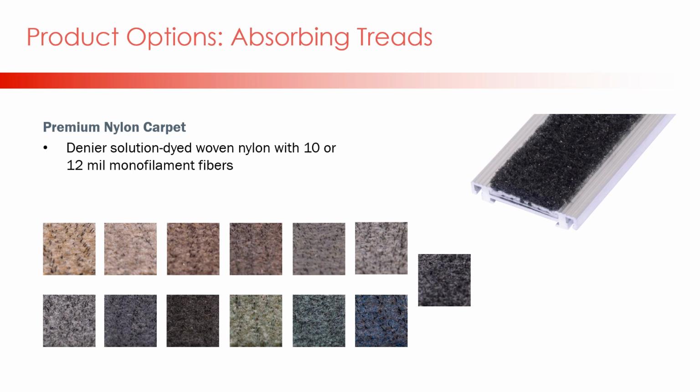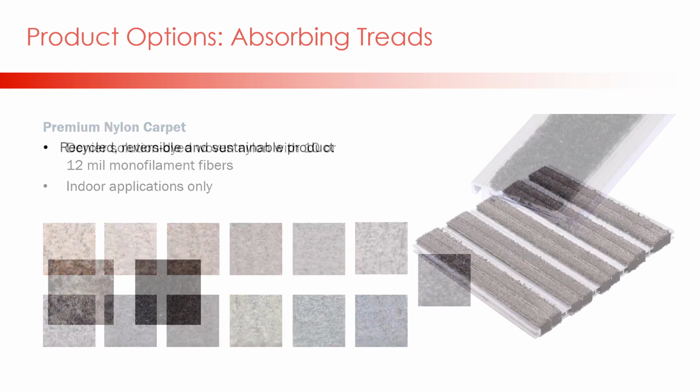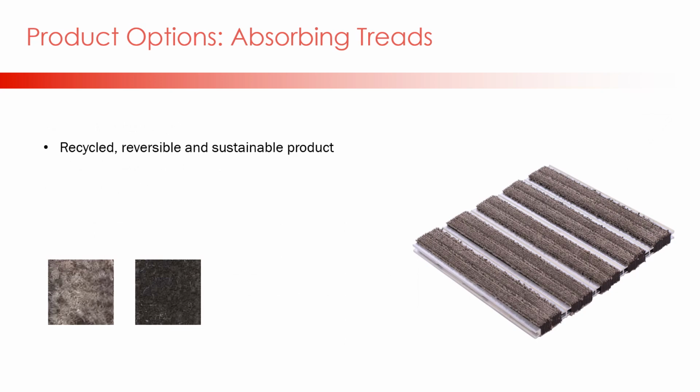Fibers are treated with anti-stain and anti-static additives. Nylon carpet is recommended for indoor applications only and is available in a wide variety of colors. Another absorbing option is the buffed recycled rubber discussed earlier.